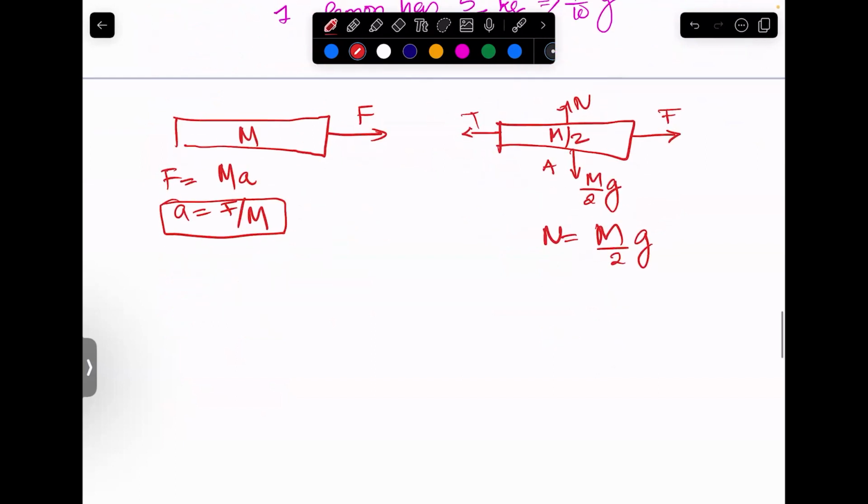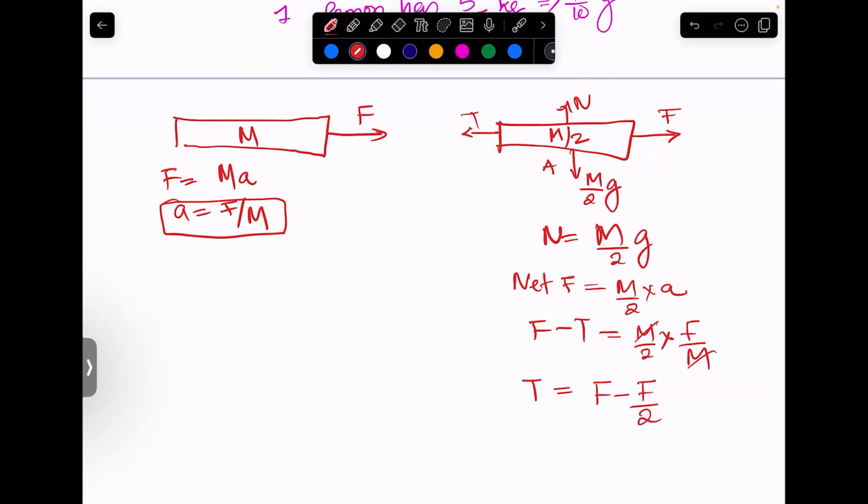And horizontally, what will happen? Net force equal to mass times acceleration. Net force is F minus T, mass is M by 2, acceleration is F by M. So T equal to what? F minus, M and M get cancelled, F minus F by 2. That means F by 2.